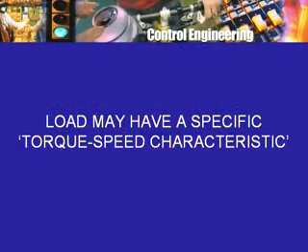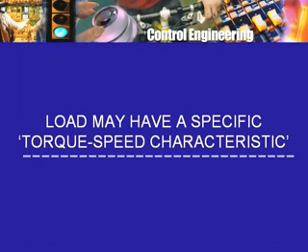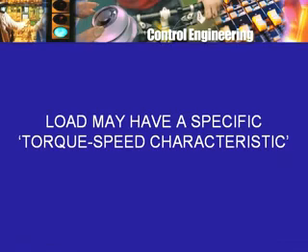Now, of course, there are some additional complications here which we will overlook, but it is necessary to be aware of it. It is not as if these two are completely independent of each other. There are many mechanical loads for which the torque and the speed do not just behave in any independent manner, and therefore there is what is called, for many devices, a torque speed relationship or a torque speed characteristic of the mechanical load.